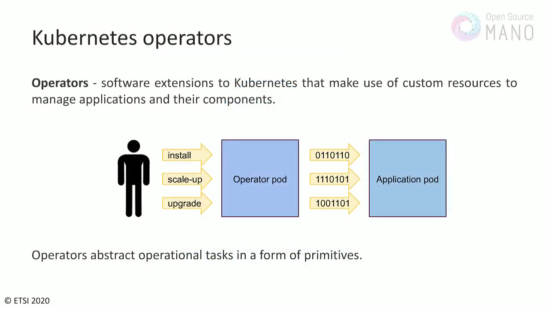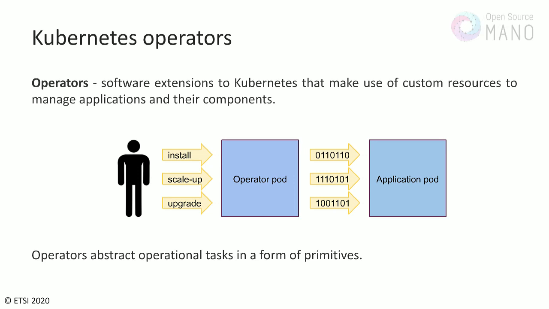But a successful deployment of container network functions is just the beginning of the journey. Those have to be operated post-deployment, and this is where day one and day two configuration comes in. Fortunately, Kubernetes provides a software extension which are called operators that make use of custom resources to manage applications and their components.